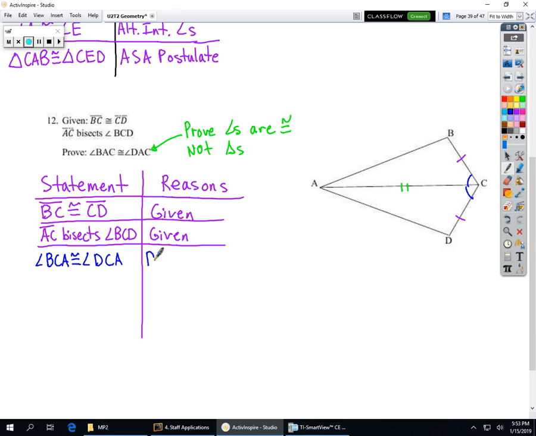This is because of the angle bisector. If it's just because, it just means definition. Definition of angle bisector. All right. Last color I did not use. I did not use the green. That's the reflexive property side. AC is congruent to AC by the reflexive property.